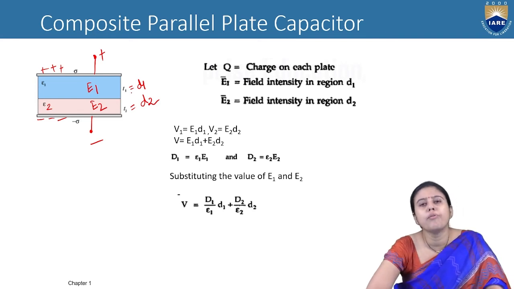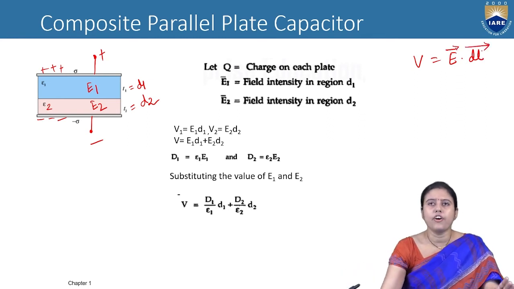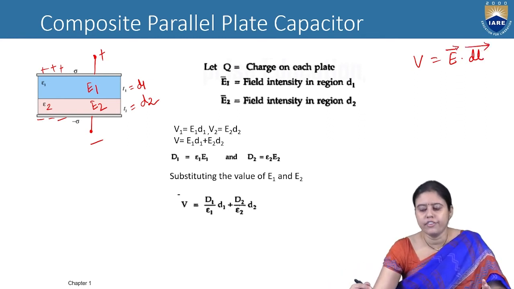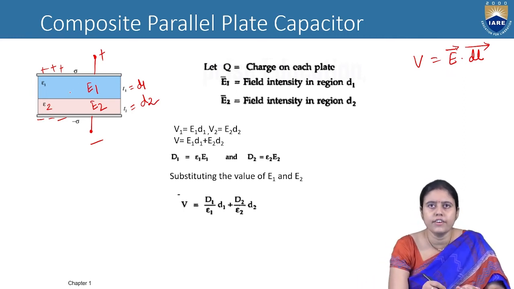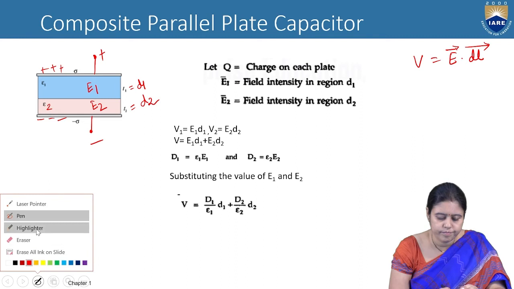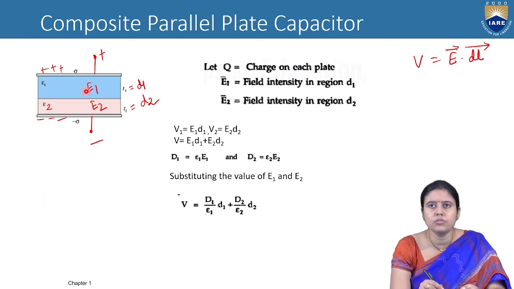We know voltage equals E1 D1. Voltage is equal to the integral of E dot dL. This is our basic formula and we will use it everywhere. So for the first case, V1 is equal to E1 D1 and V2 is equal to E2 D2.